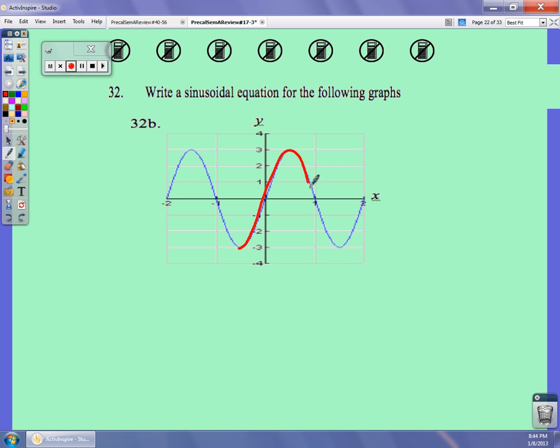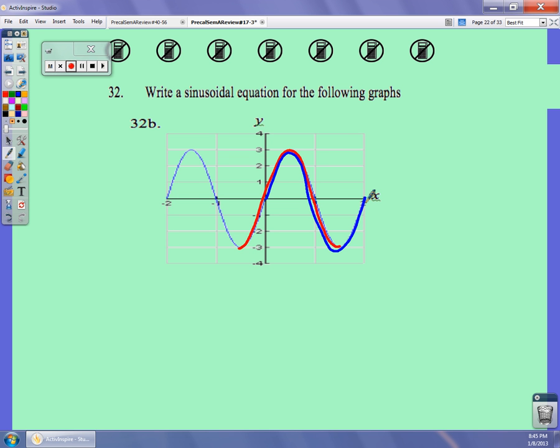I'll put it in red. Or we could write another sine function, which I'll put here in blue.